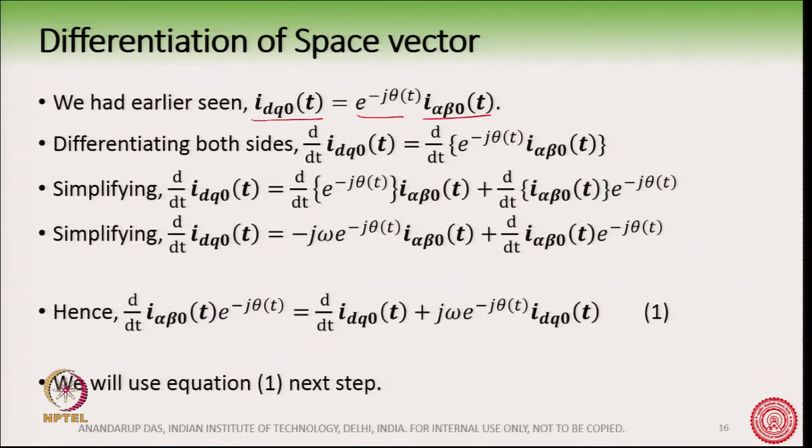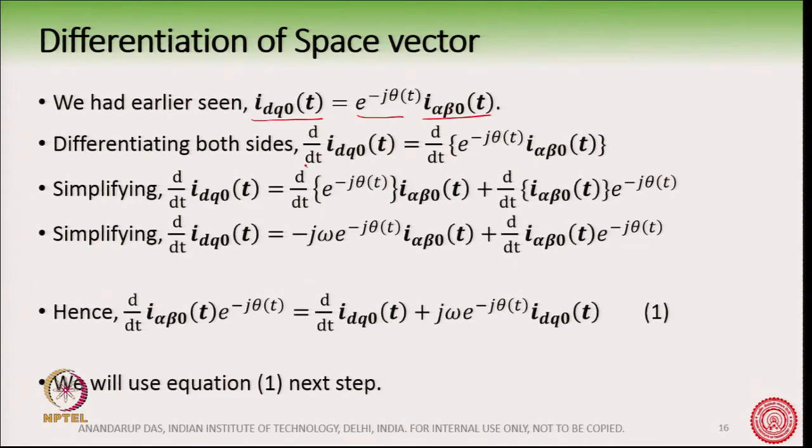Therefore, if I want to express this current in the dq domain, then I will multiply by e to the power minus j theta. We have discussed this concept in the previous lecture.